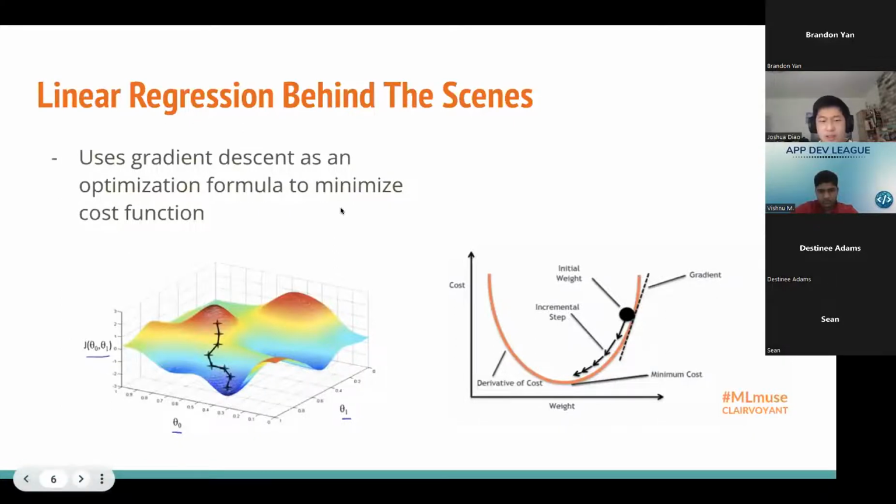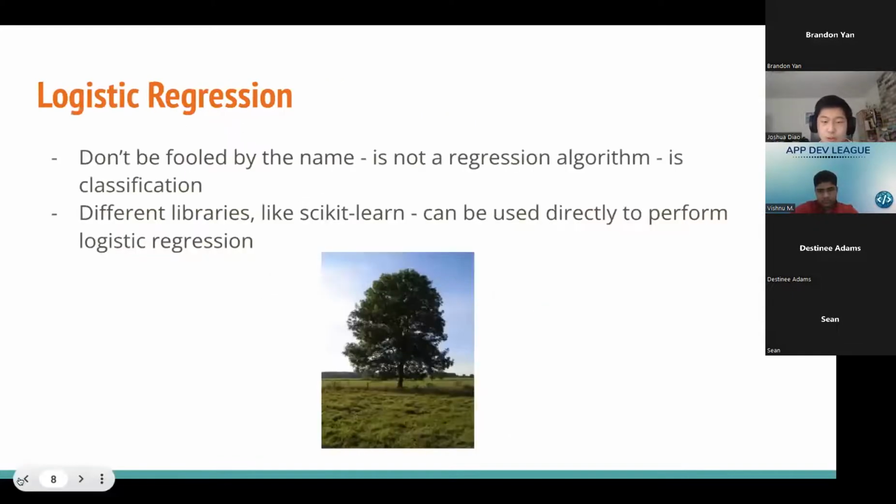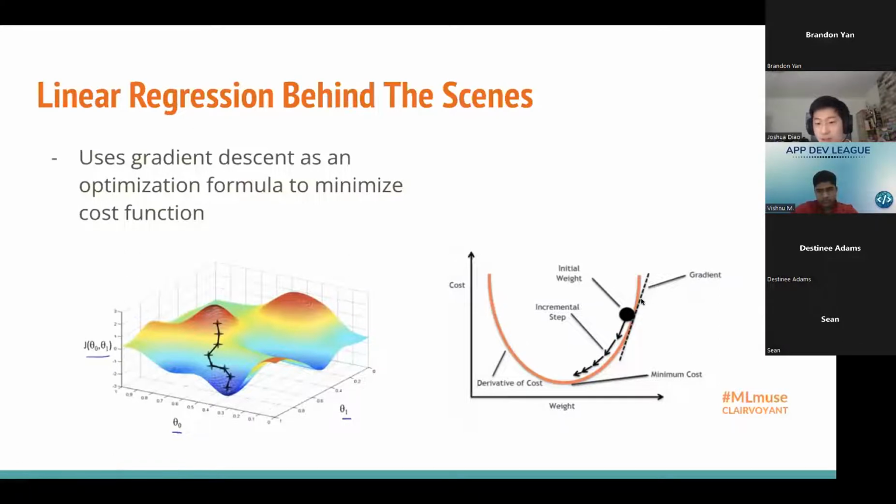This derivation involves some calculus. If you don't know calculus, you can just take in this formula, but we're just trying to find a derivative of the cost function and moving it down until the derivative is 0, which is when the cost is minimum, right?